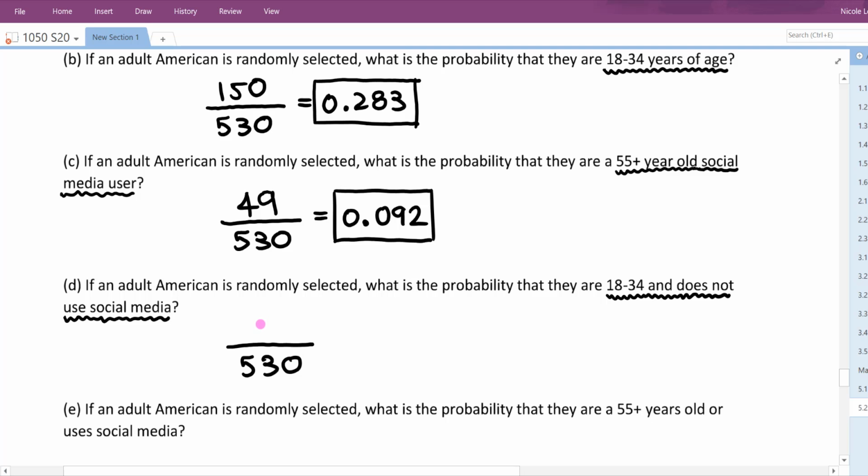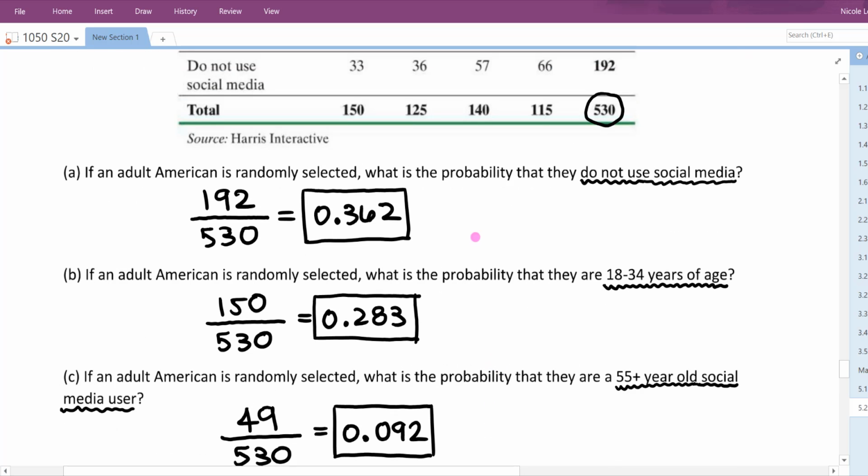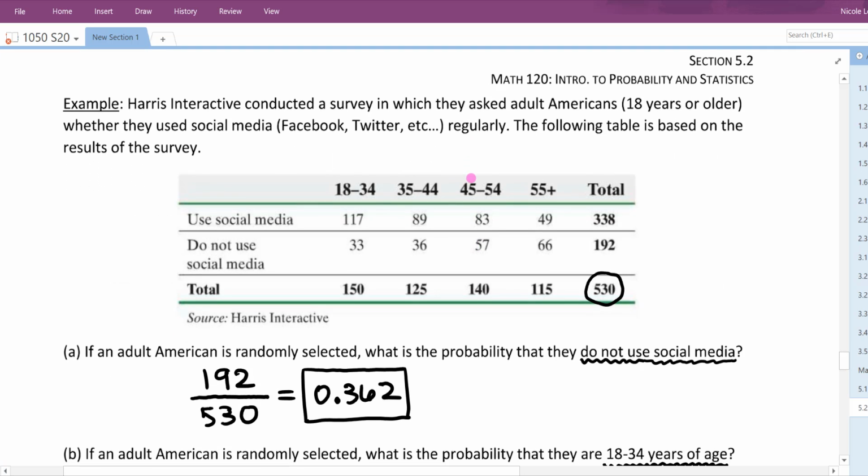And then to figure out what goes on top, I need to go back to our table and see how many people are 18 to 34 and not using social media. That's going to be these 33 people here.